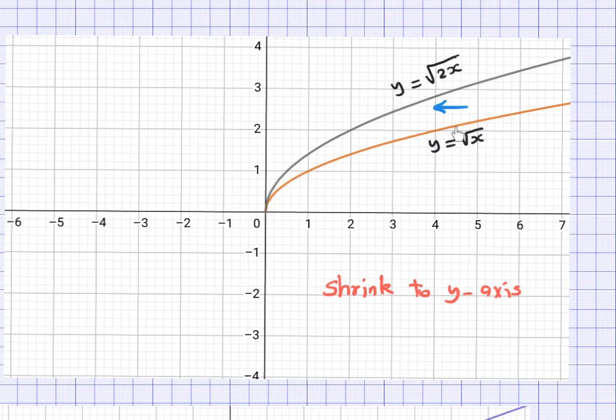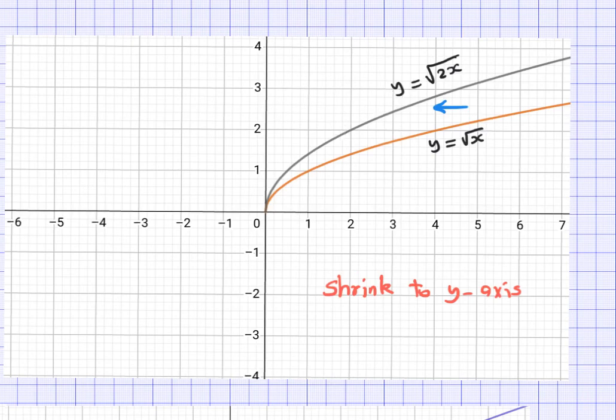Look at the points, (1, 2) and (4, 2). The curve will be closer to the y-axis, shrink to the y-axis, because the point is x divided by 2. So x will be closer to the y-axis.